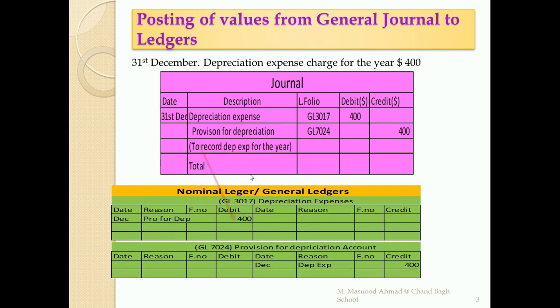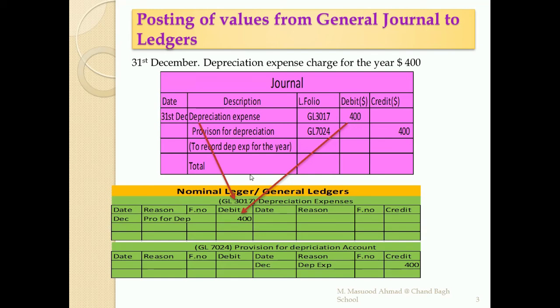In our journal, the name of the account which we will debit is written in the first place. So we will call the depreciation expense ledger first, and the amount which we debit is 400, and it should be written on the debit side of your ledger.